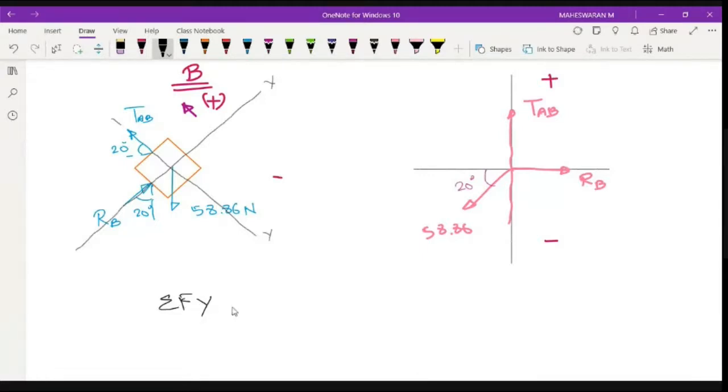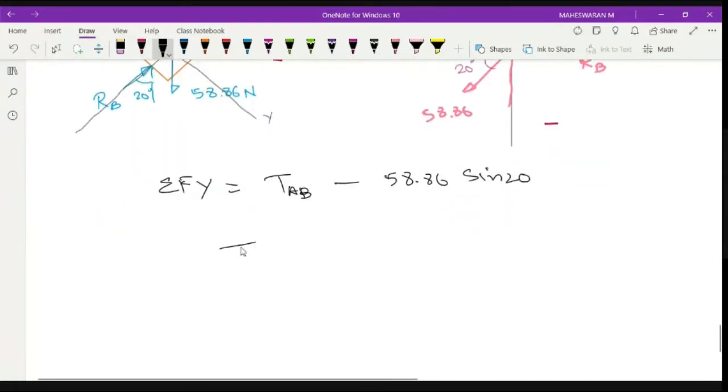Sigma Fy. So sigma Fy is TAB minus 58.86 sine 20, right? So 58.86 sine 20, which is 20.13. So TAB minus 20.13.